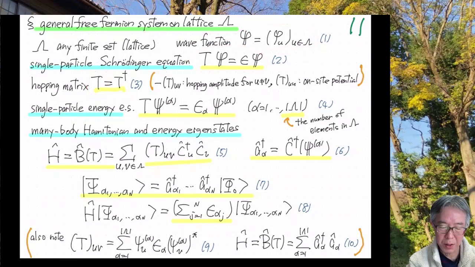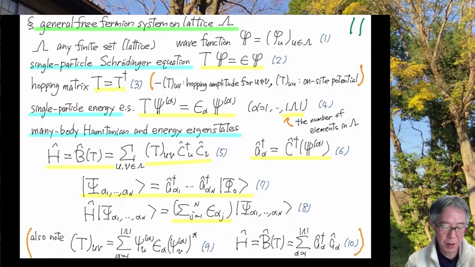In this case, minus T of u v describes the hopping amplitude between v and u, and this represents the on-site potential. And the single particle energy eigenstate is defined like this with some alpha label. This is the number of elements in lambda, in this lattice.